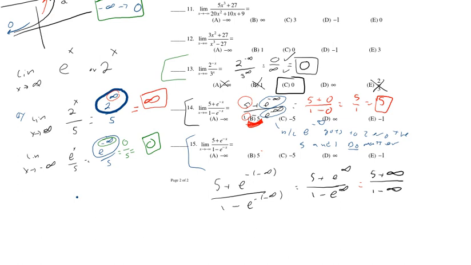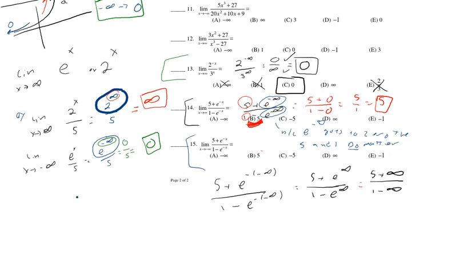Five plus infinity, is that going to be a number that I care about? 1 minus infinity? No, the 5 and the 1 don't matter anymore. They're too small to care. In this last situation, when they went to 0, it mattered. This situation, going to infinity doesn't matter.